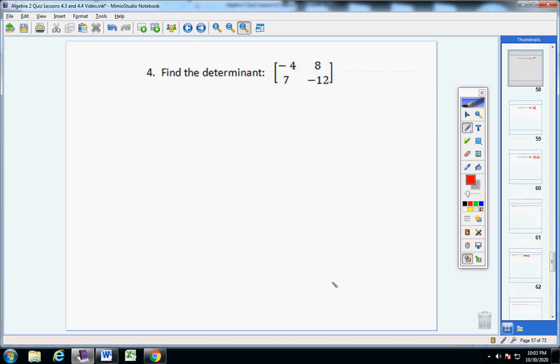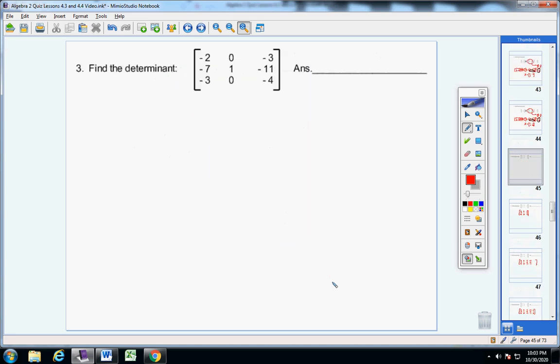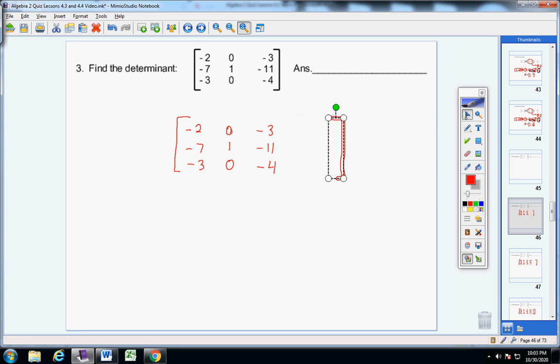Okay, find the determinant. Whoa, just like class, huh? Alright, so I'm going to find the determinant of this matrix. So there's my matrix. Now remember, guys, you have to slide this over, pick up this column here, and copy it here.